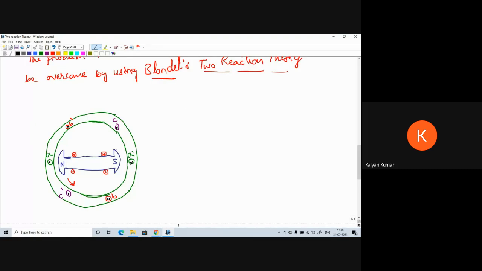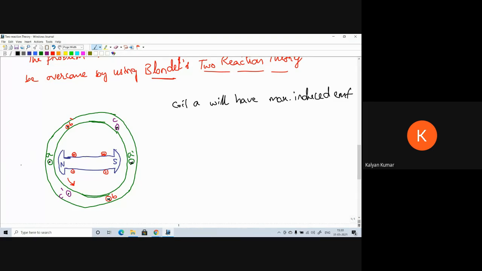Outward direction is represented by dot, inward direction is represented by cross. Now, as the north pole and south pole are facing coil sides A and A dash, the coil A will have maximum induced EMF. So this is the position when coil A is having maximum induced EMF.